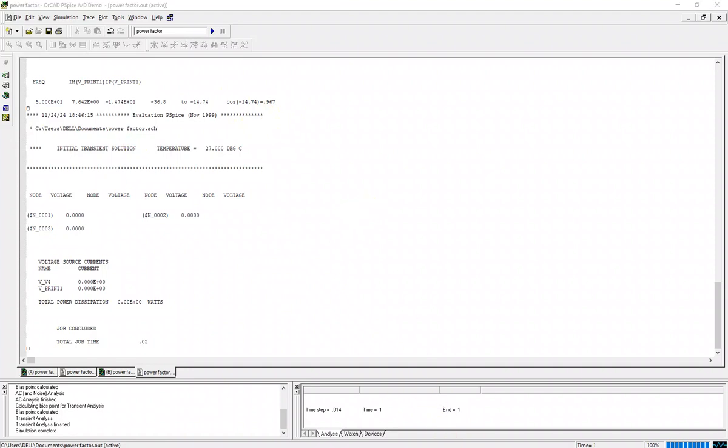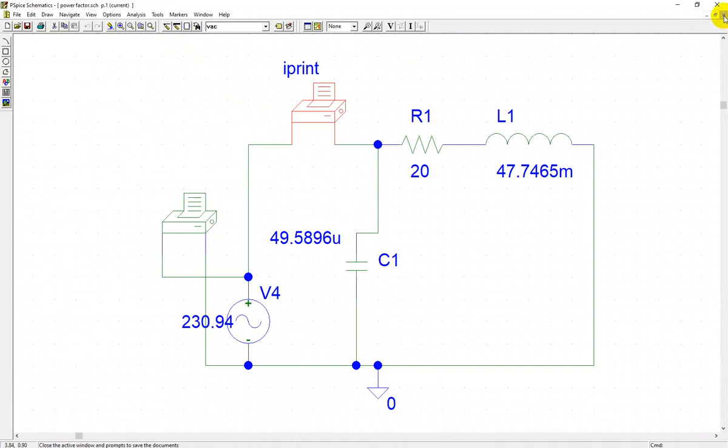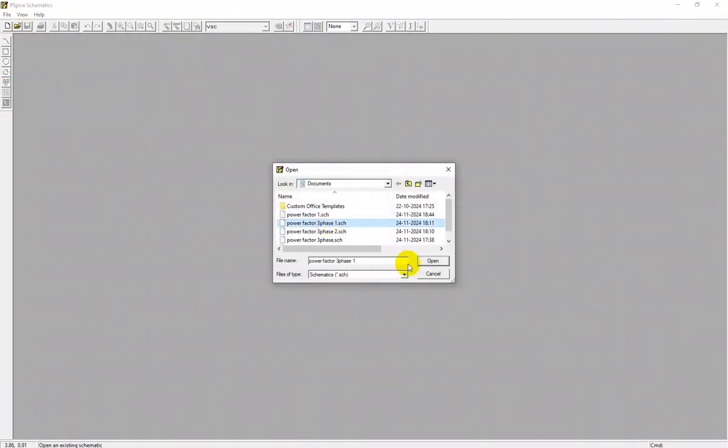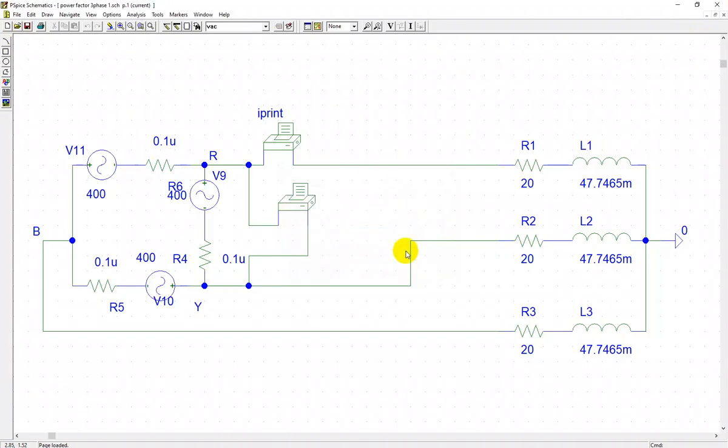The same thing can also be executed with respect to three phase. So let me open the file. So this is a circuit that we have to build. So we have three phase circuits. We'll have 3 resistance and 3 inductance. This value of inductance is for single phase, right? So as they said, it is in star connected.